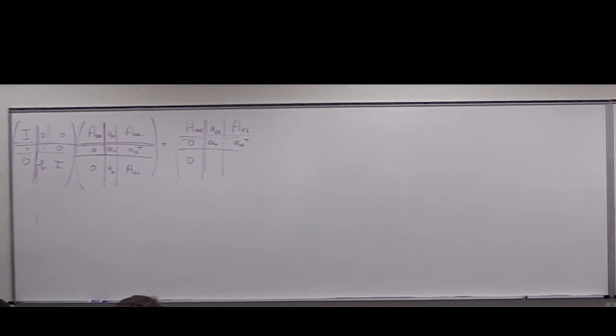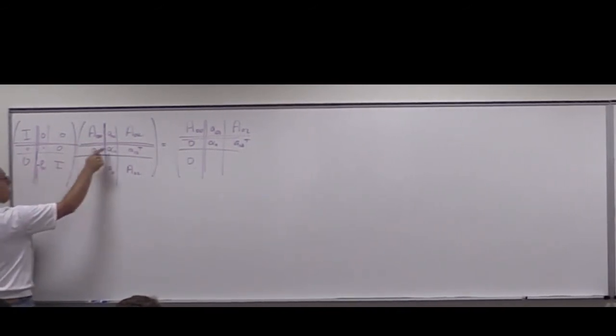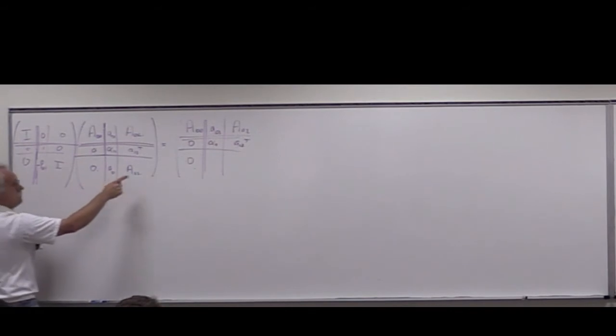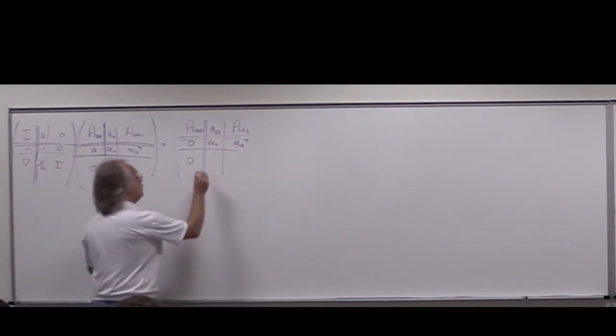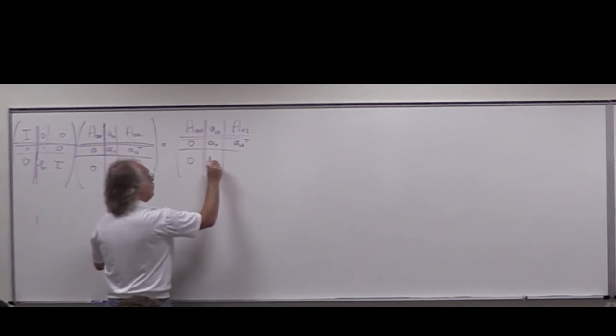And finally, this times that plus this times that, this times that plus this times that plus this times that becomes this right here, which shows that this here becomes minus L21 times alpha 11 plus A21.